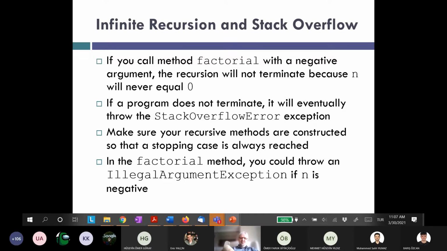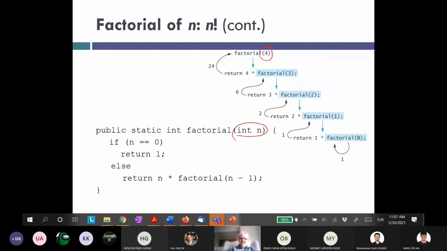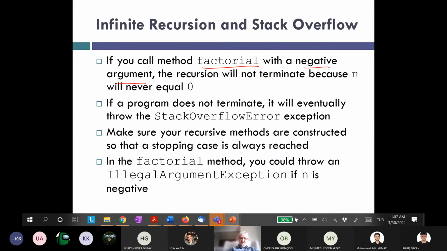But if you call the factorial method with a negative argument, it will never be 0. And because of that, the algorithm will go on and on. It will not stop. To make sure of it, you can do 2 things.